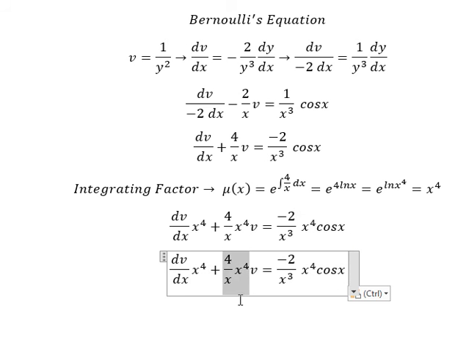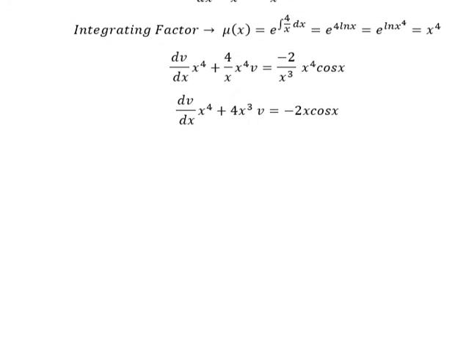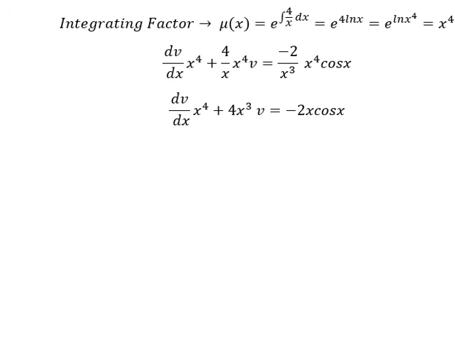So this one we have 4s to the power of 3. This one we have negative 2s. Next, we put the integration for both sides.